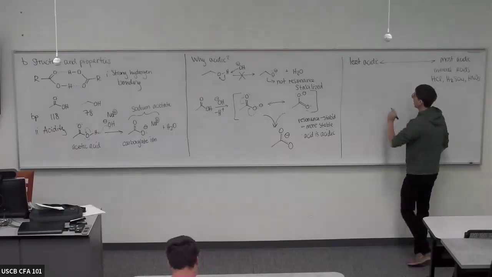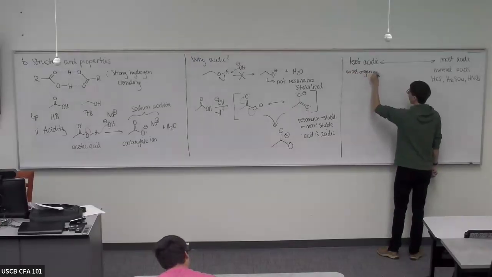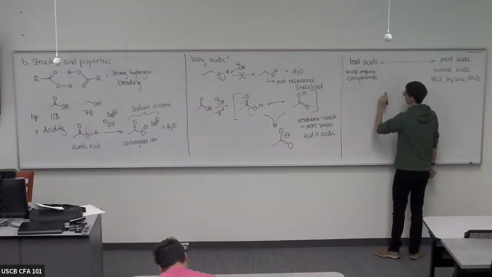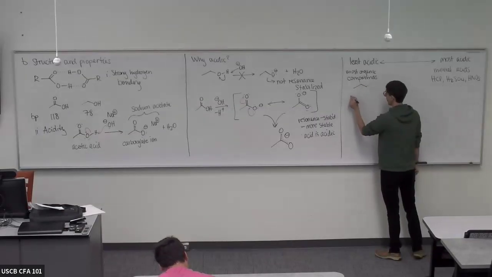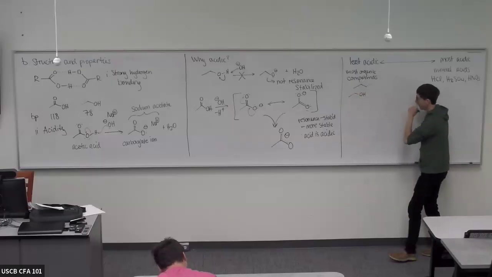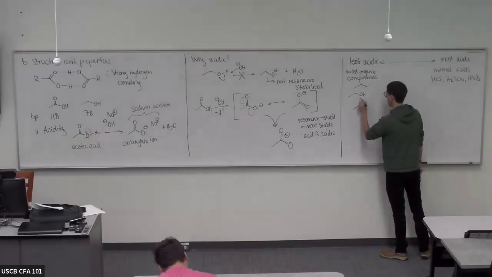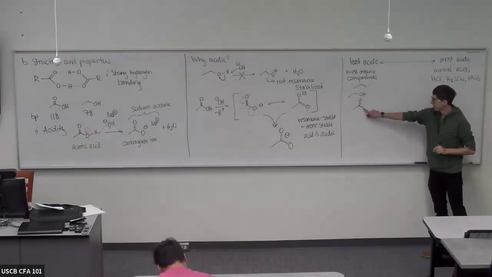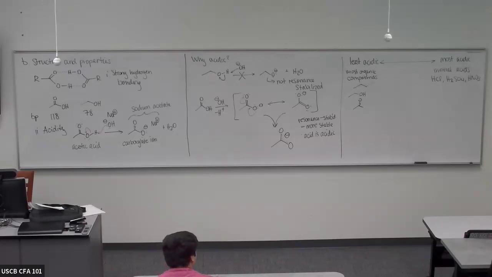The sort of least acidic compounds are most organic stuff. So obviously, alkanes have essentially no acidity at all, but then alcohols are not particularly acidic. Ketones have a tiny bit of acidity on the alpha position, which we're going to learn about in the next chapter. But most organic compounds, we don't think of them as being very acidic.